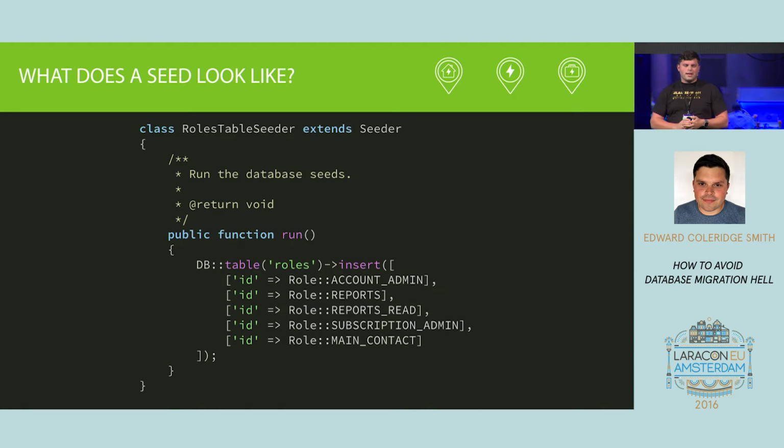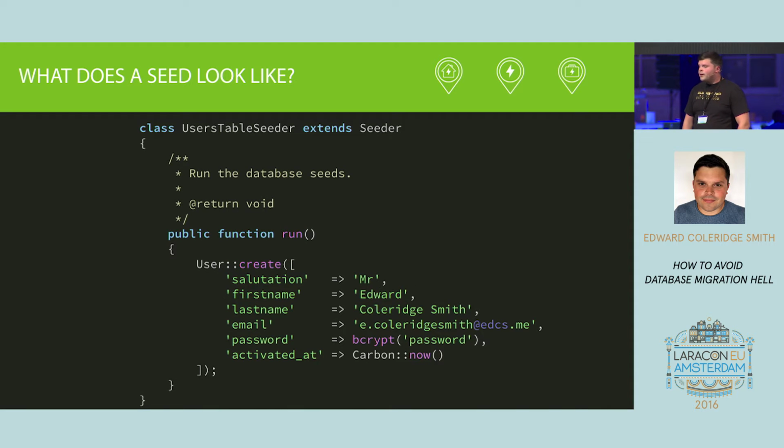There are a few sort of standard methods, though. The first is just using the query builder. So we're creating a query here that inserts a bunch of rows into the roles table, and it doesn't do much else than that. We could use our models if we've got models in our application. So in this case, it's just creating a new user with those details.